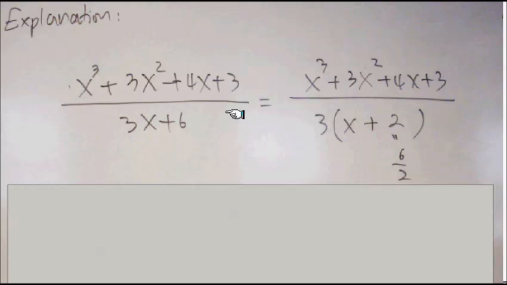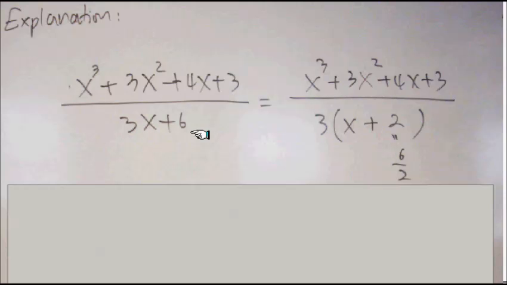Here I factor out 3, and sometimes this constant here is not the exact multiple of this leading coefficient. In that case, what you have to do is just divide this number by, sorry about that, this is supposed to be 3, so that this is 2. So 6 divided by the number you're factoring out, so that it's going to be 2.